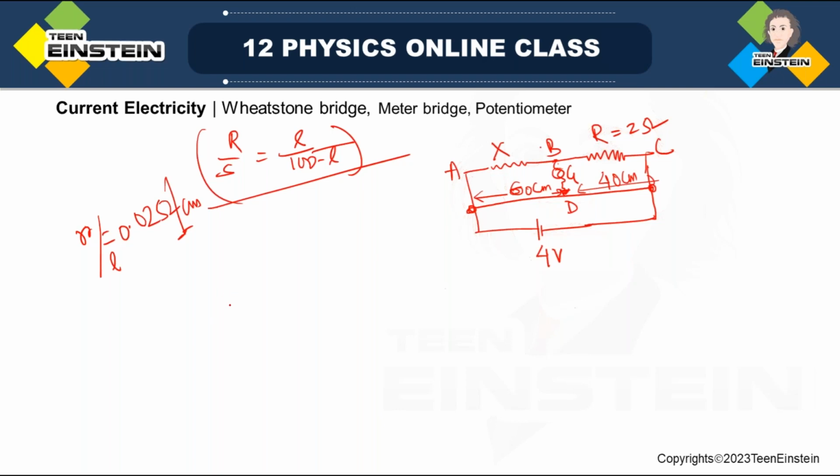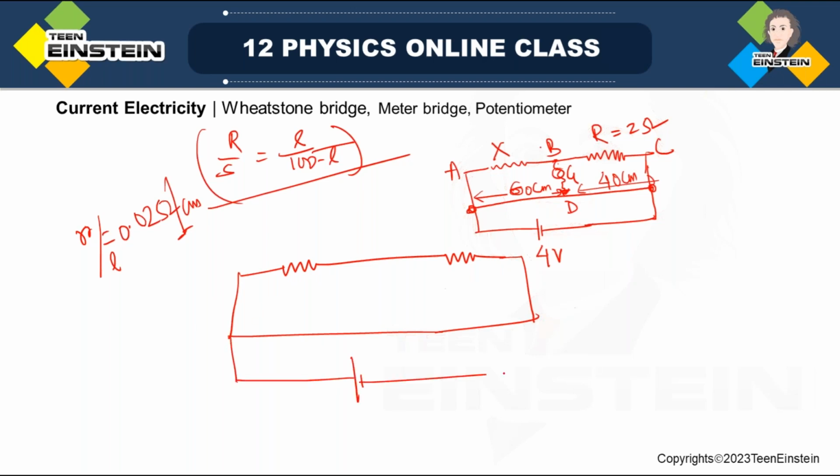This is A, this is C, this is B, this is D: A, B, C, D. This is X, which we had to calculate.